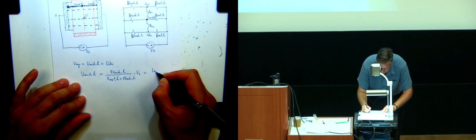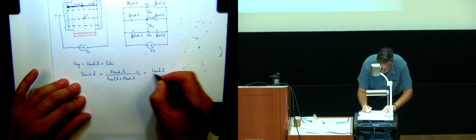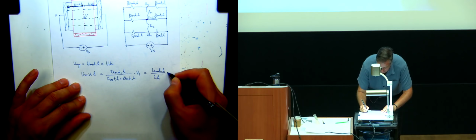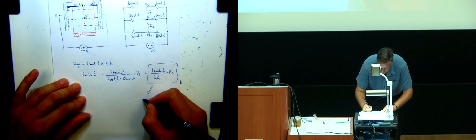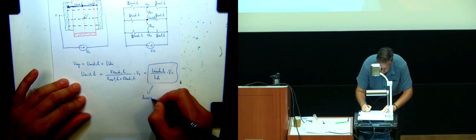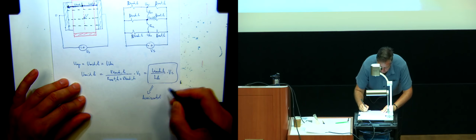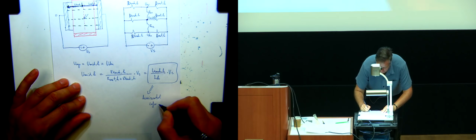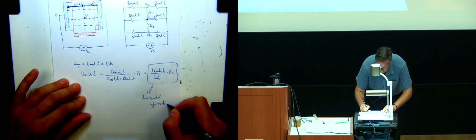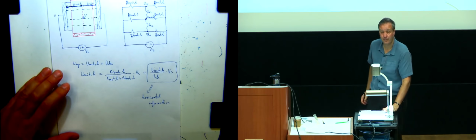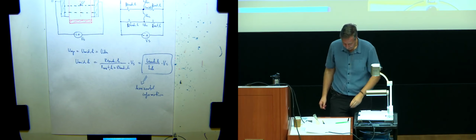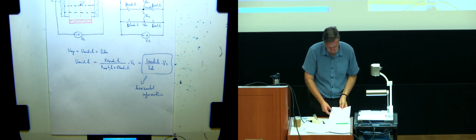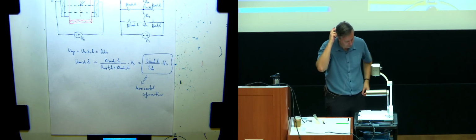It's going to come out to be L touch horizontal over L horizontal times Vs. This is our horizontal information. Does this make sense? Yes.